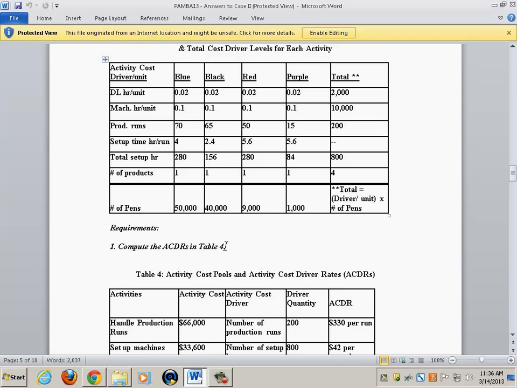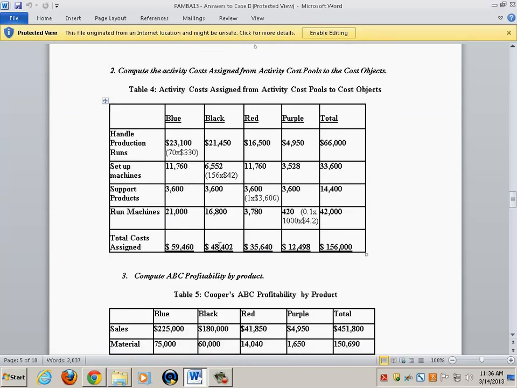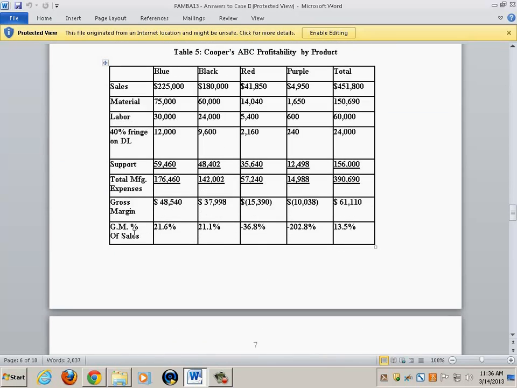these numbers, activity-based costing, are much better numbers. So I think that if we have to choose, we choose activity-based numbers.